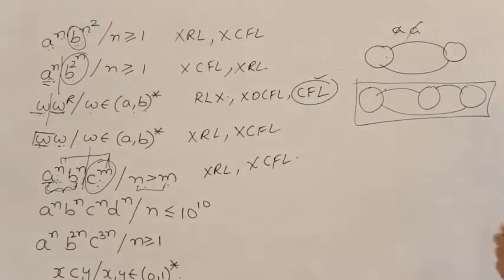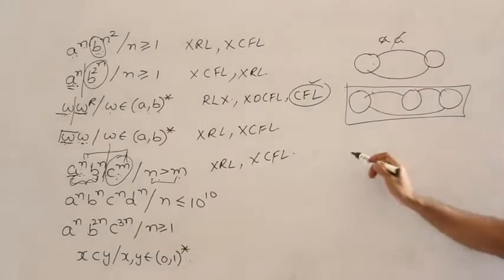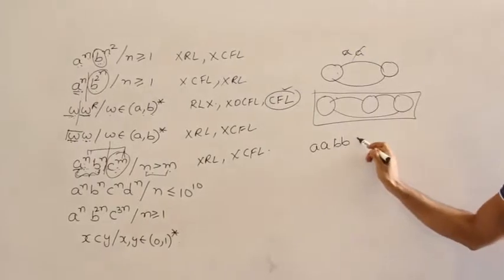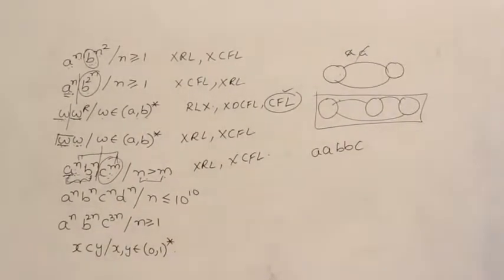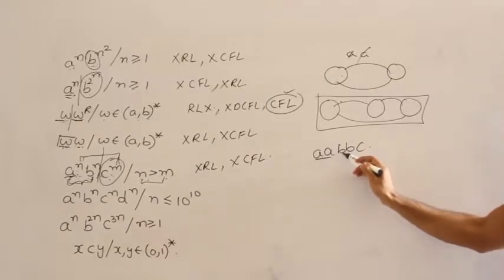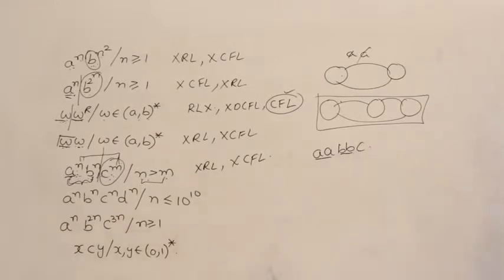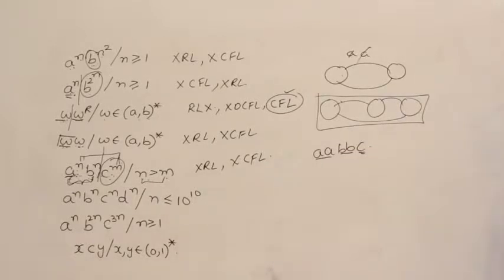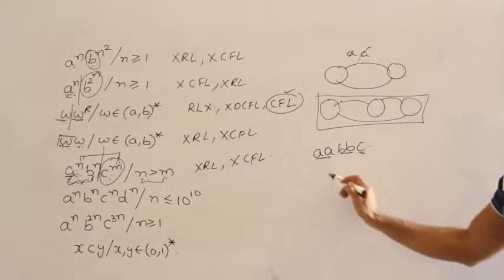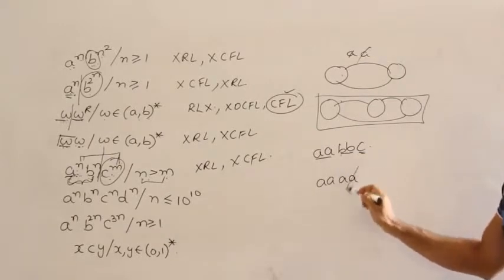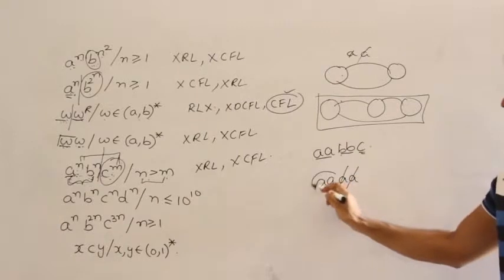If you want an example, I'll show you. See this, if I have a, b, b, c, this has to be accepted, right? If your logic is for every a you push 2 a's, and for every b you pop 1 a, and then you compare if c's are greater than a's or not, then for every a you are pushing 2 a's, which means I'll get 4 a's, and for every b you are popping a's, and then you can compare this one.